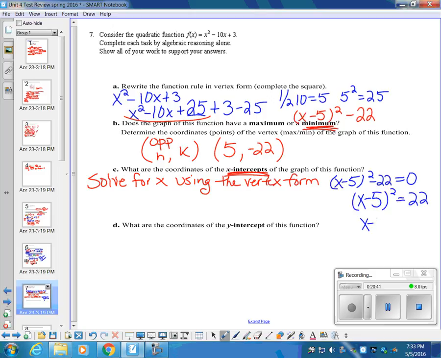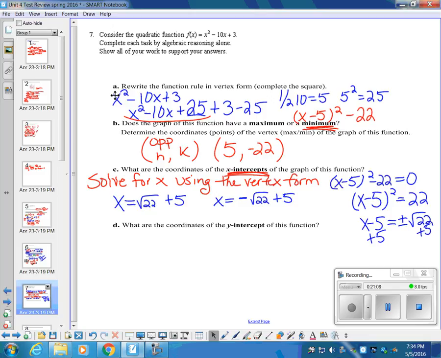You're going to square root, plus or minus the square root of 22. Add 5 to both sides. So x equals the square root of 22 plus 5. X equals negative square root of 22 plus 5.